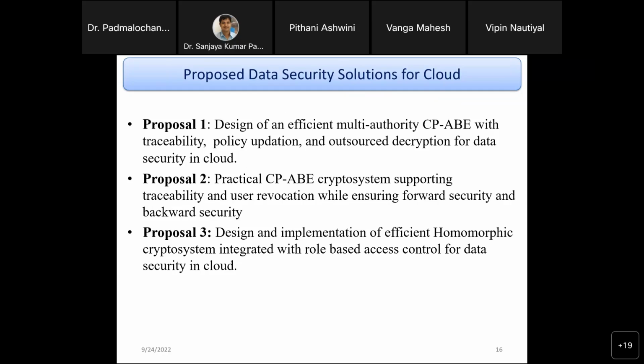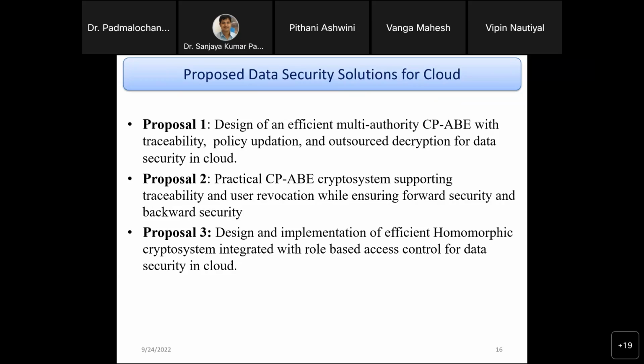So his university admin is also an attribute authority. His employer is also an attribute authority. The employer has some attributes for him, and the university from where he graduated also has some attributes which are managed by that authority.